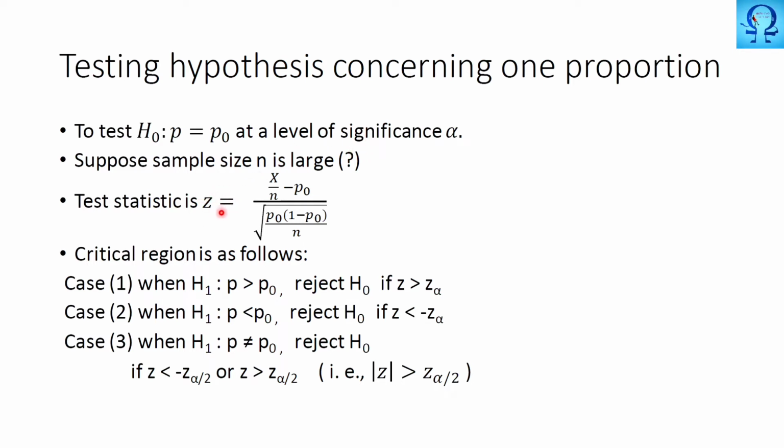The test statistic is x upon n minus p naught upon the square root of p naught times 1 minus p naught upon n. This is the test statistic. If this is the null hypothesis, the alternate will be either greater than, less than, or simply not equal to. Just like in the previous tests, here also we have cases upon which we reject the null hypothesis.